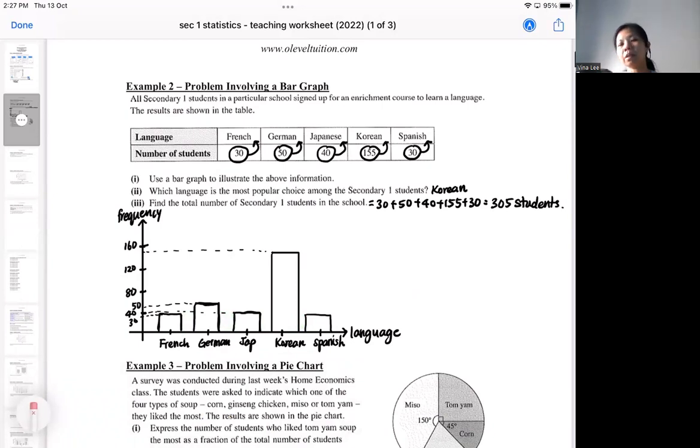Next year you'll be learning something called a histogram. A histogram is essentially very close to a bar chart, but the bars are supposed to stick together. A bar chart does not stick together. A bar chart has a gap in between. It's like a chocolate bar, but with gaps in between. So that will be the basics for the pictogram and the bar chart.